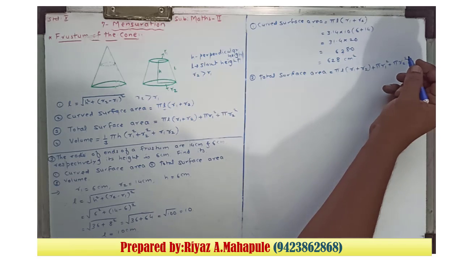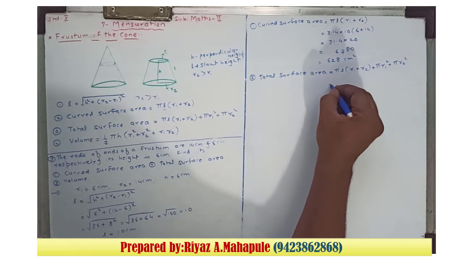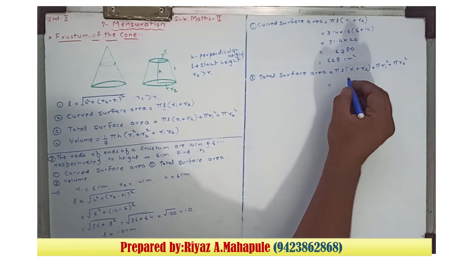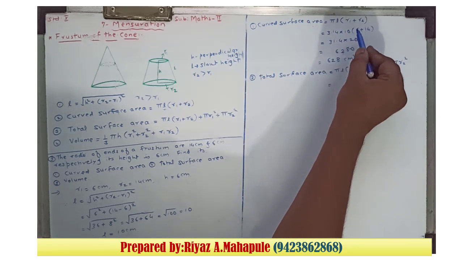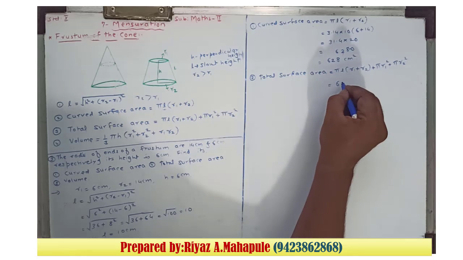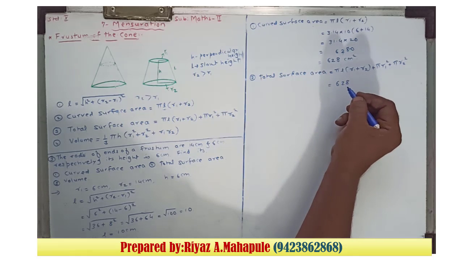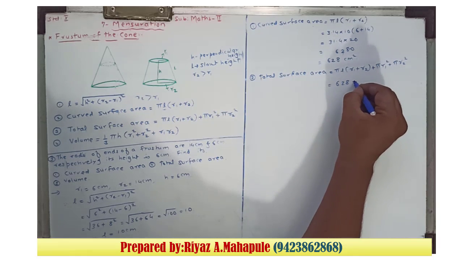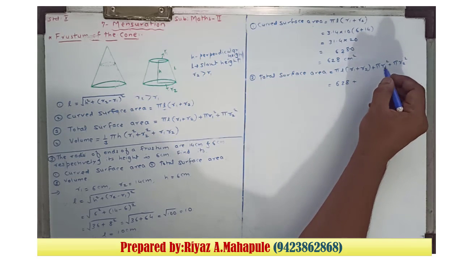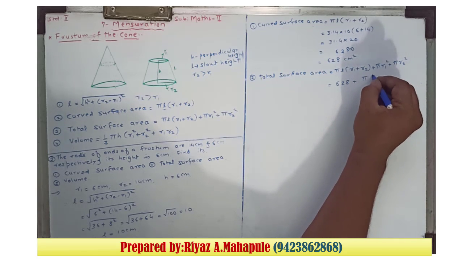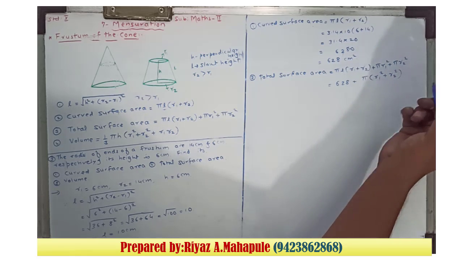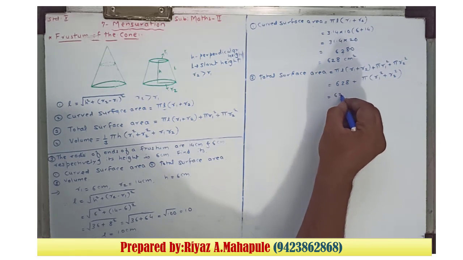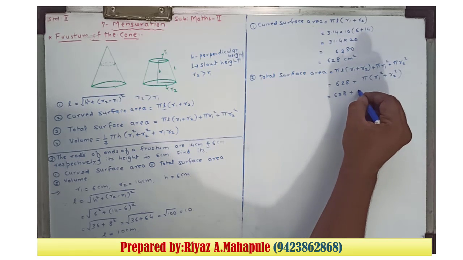From the last two quantities we can take pi common. The value of pi L (R1 plus R2) we just calculated, so we put 628 as it is, plus pi into (R1 square plus R2 square).